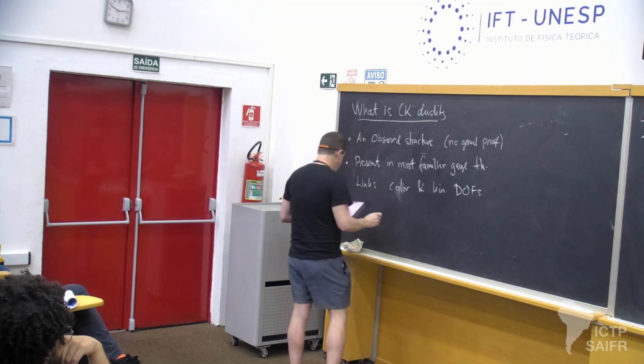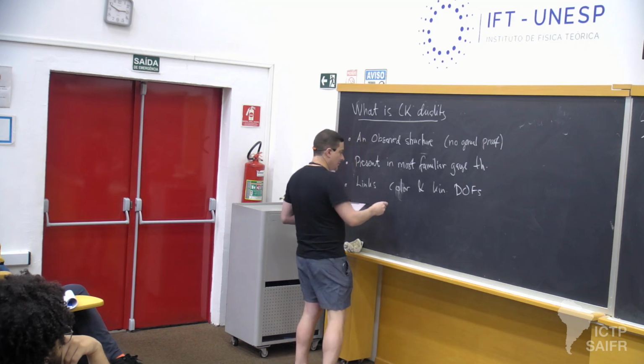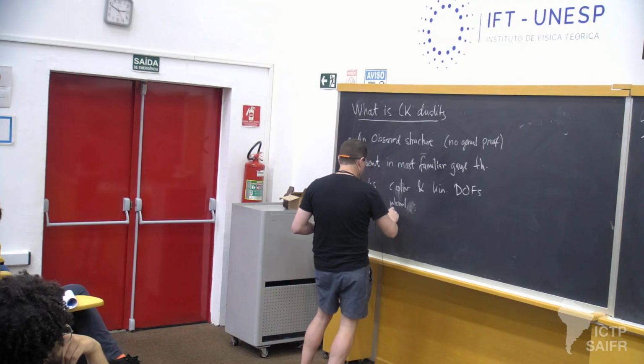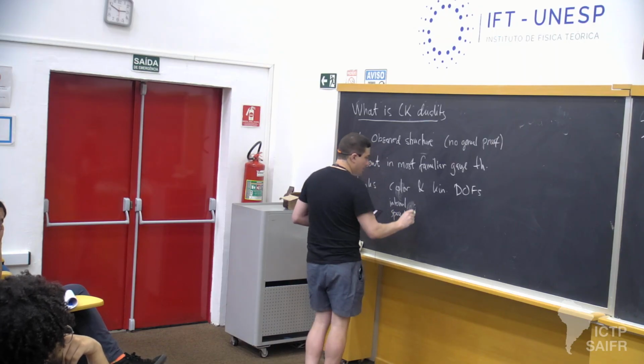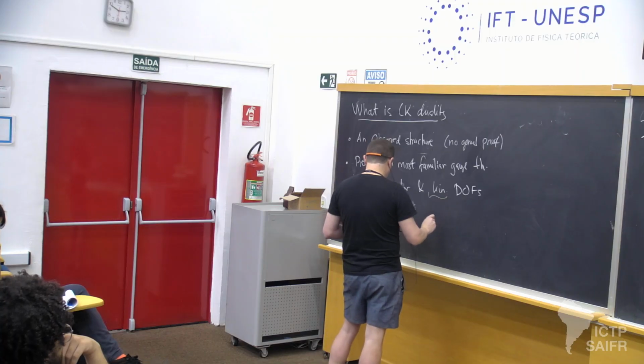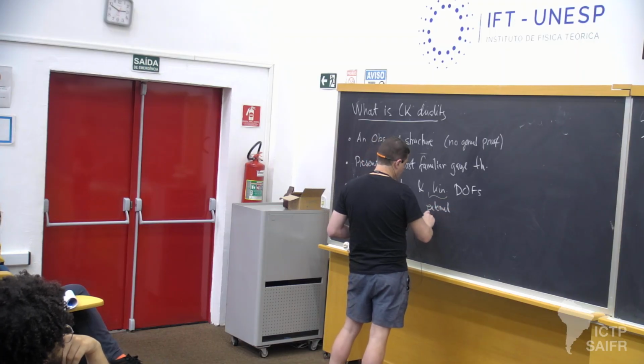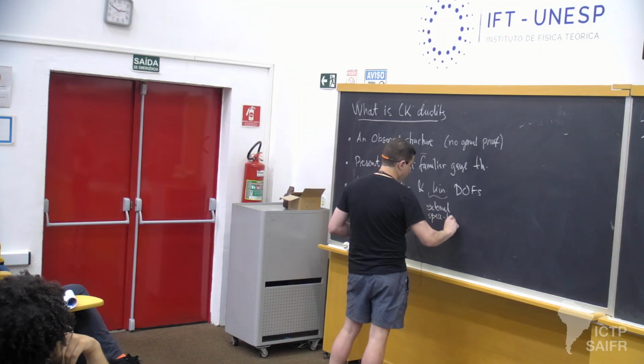So in some sense, you can think of color as being some internal space degrees of freedom, whereas kinematic is really your external or space-time degrees of freedom.